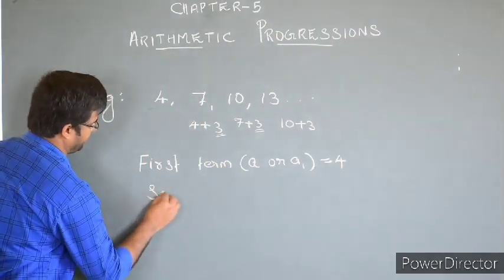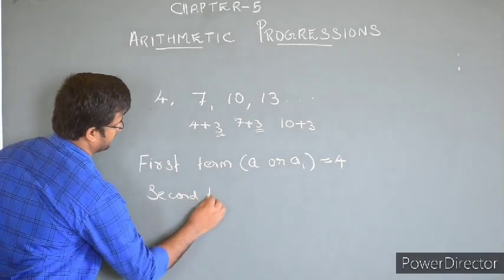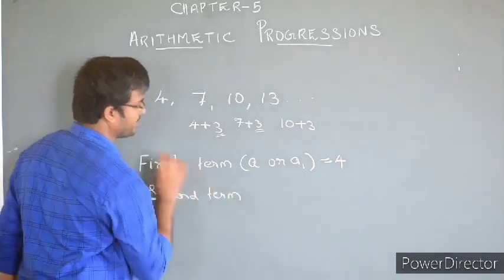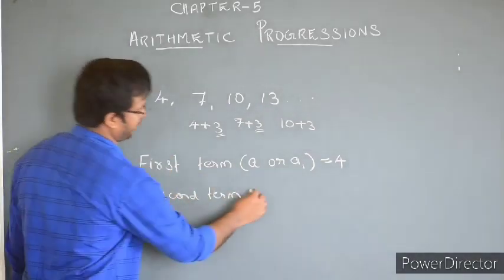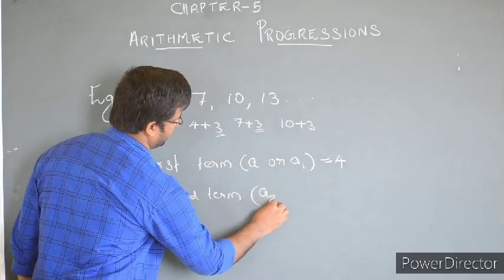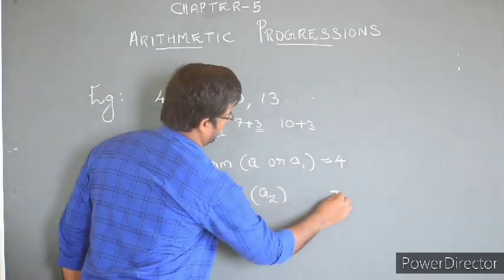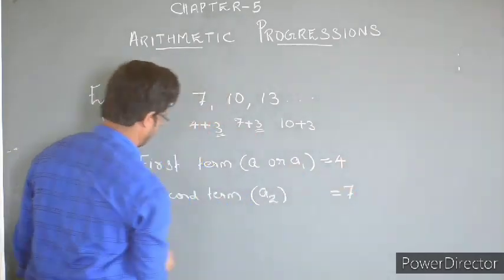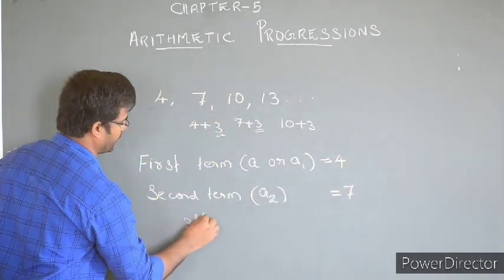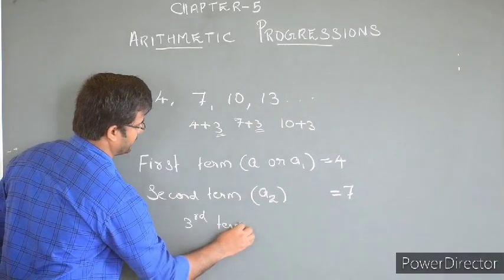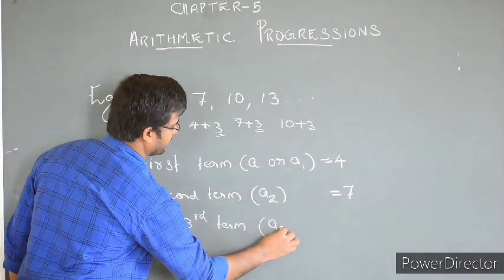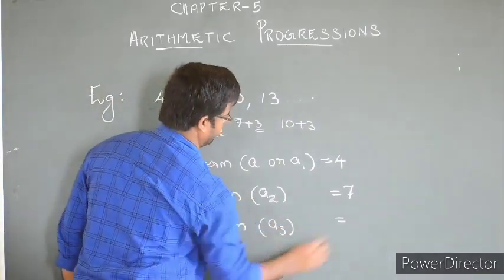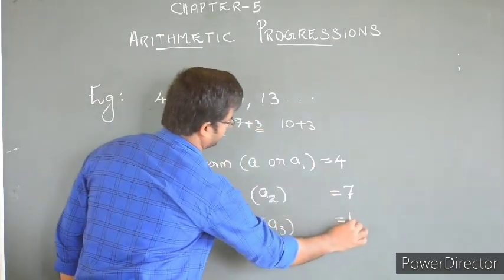Then the second term we are going to represent as A2. A2 is 7. Then same like that, the third term also we can write. The third term, that is A3. A3 is 10.